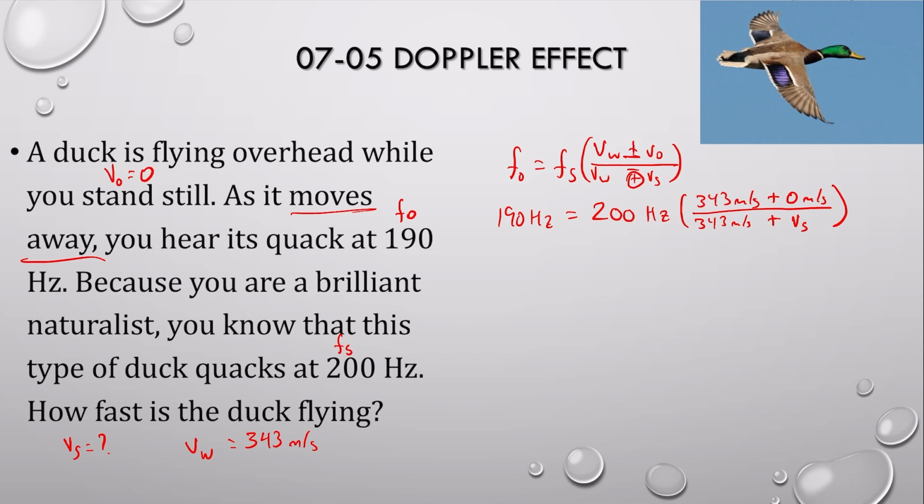So what shall we do to solve this? Let's get the variable out of the bottom. I'm going to multiply both sides by 343 plus v_s and distribute.